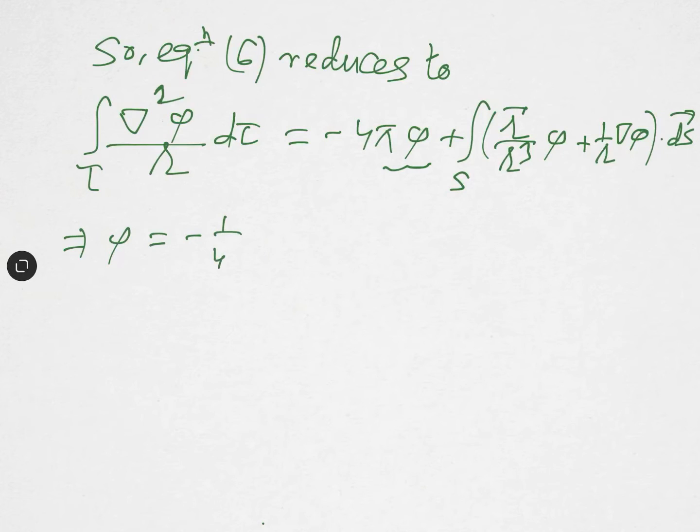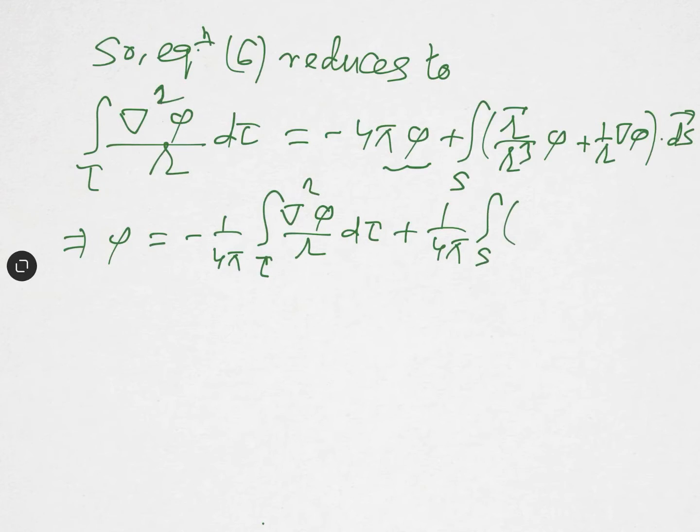You can see the algebra, this is minus 1 over 4 pi integral over tau del square phi over r d tau plus 1 over 4 pi integral over s of phi r over r cube plus del phi over r dot ds.